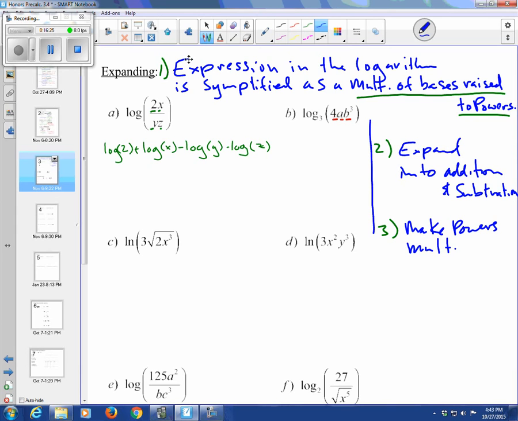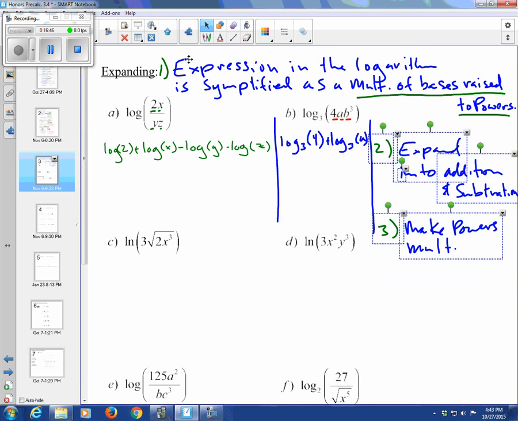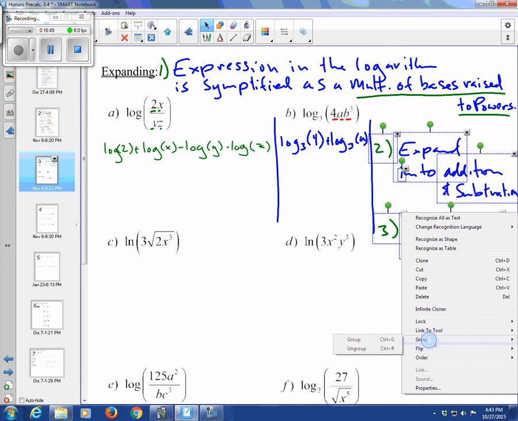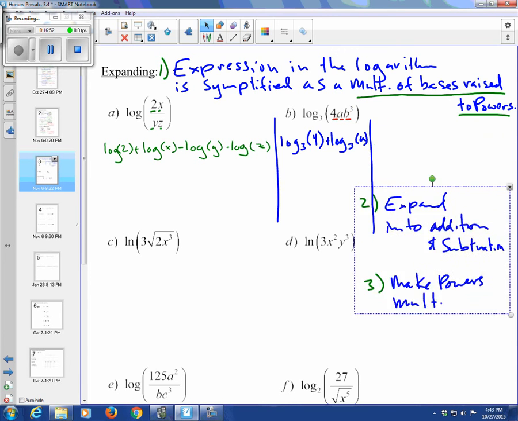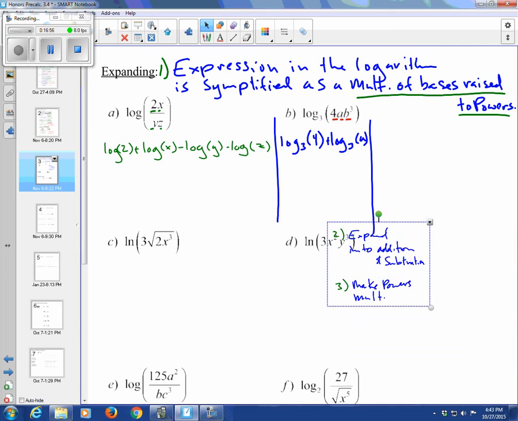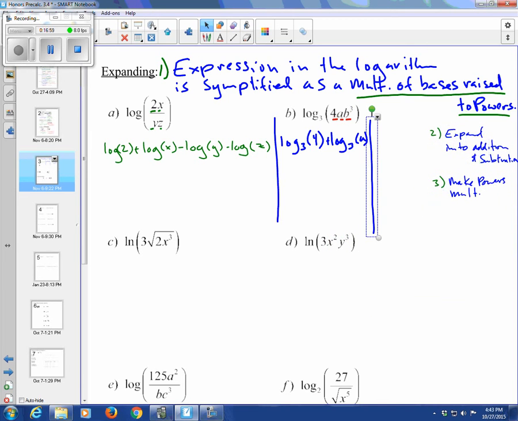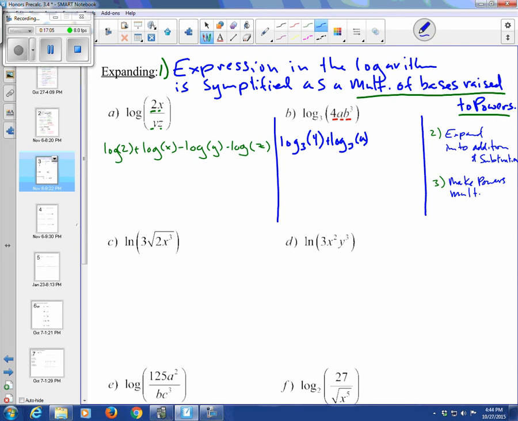So right here I can say that this is going to be log base 3 of 4, plus log base 3 of a, plus log base 3 of b to the third power, right?